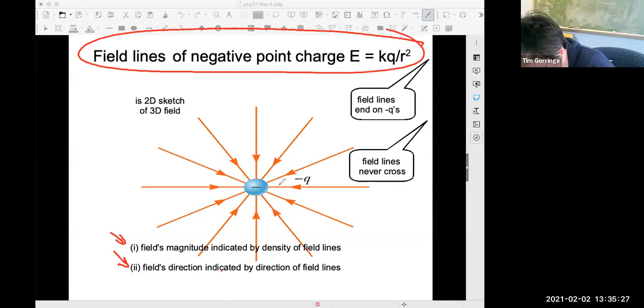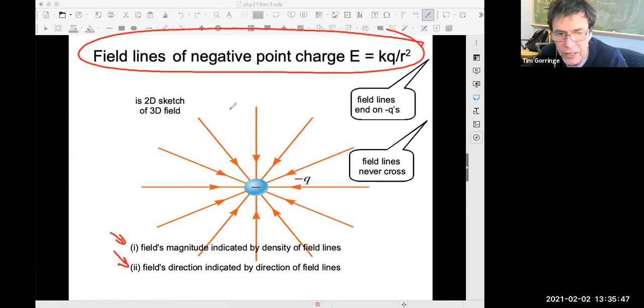So look, the electrical field near the negative charge is going to be strong. And you see here, the field lines are closely packed. So it is a strong electrical field. The electrical field far from the negative charge, outside here, that's going to be weak. And you see that the field lines are loosely packed out there, indicating that.